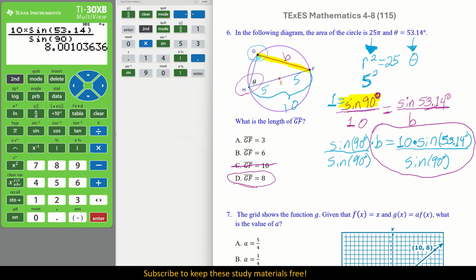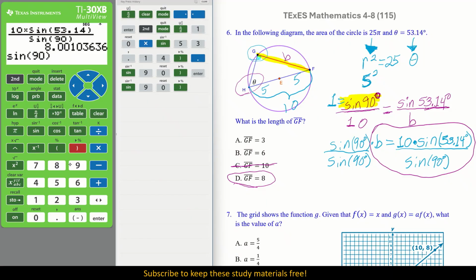You could also maybe use a little bit of rationale on 6 or 3. However, let's take a look at sine of 90. Remember I said that equals 1. So let's check that out. Sine of 90 equals 1.